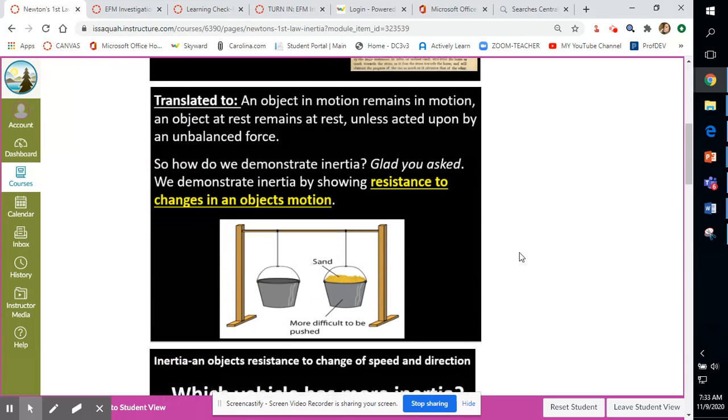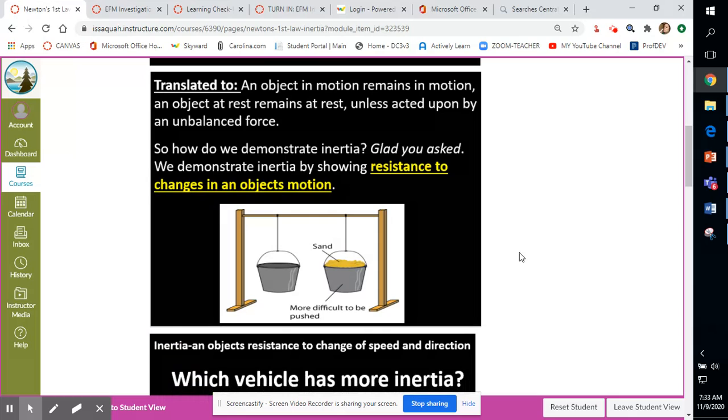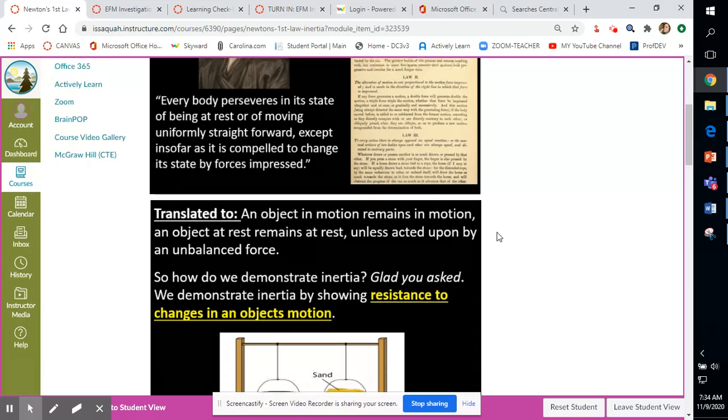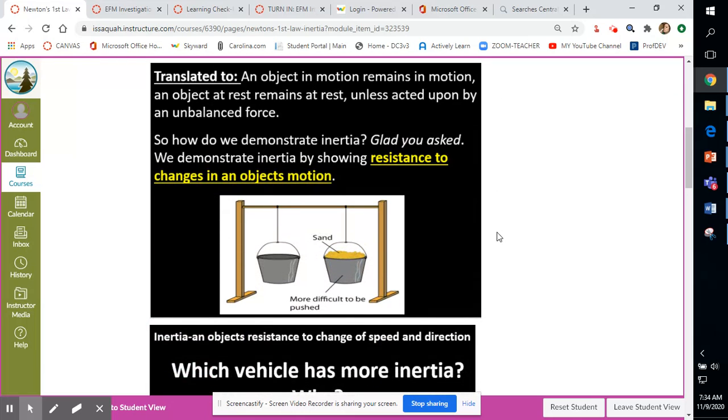What? So that's translated to, an object in motion remains in motion, an object at rest remains at rest, unless acted upon by an unbalanced force. Simple translation of what was already translated from 1600s Latin. So English from the 1600s.